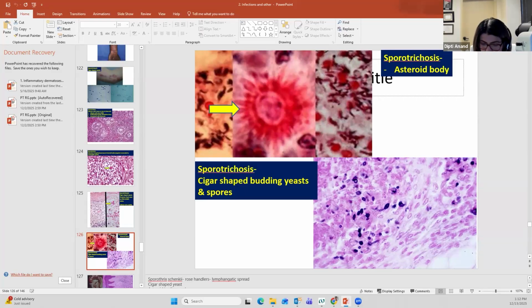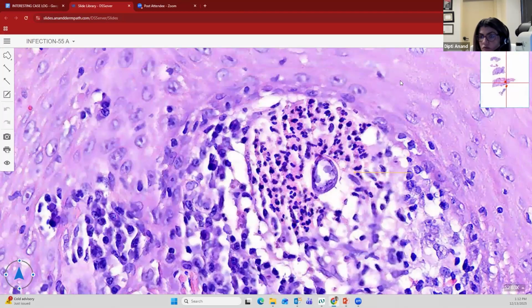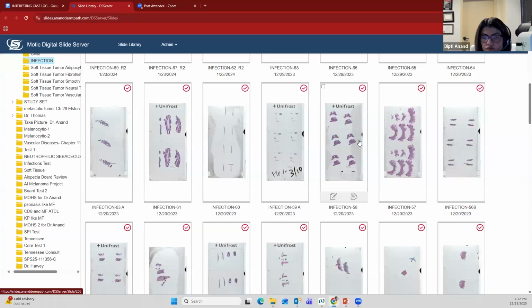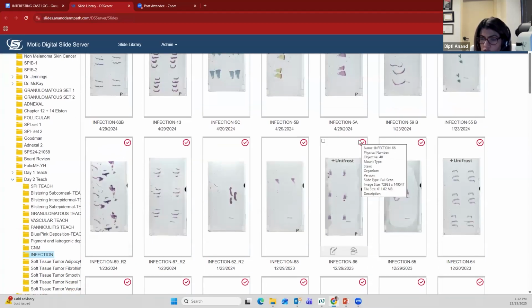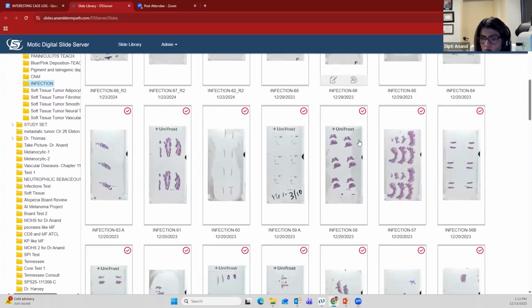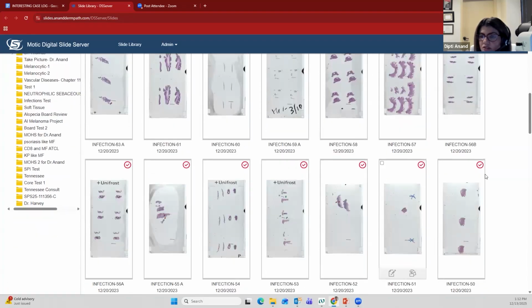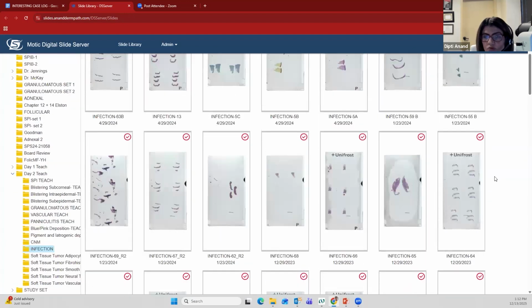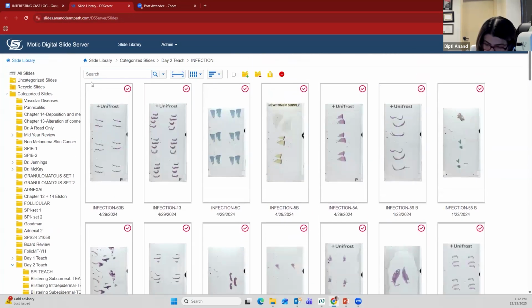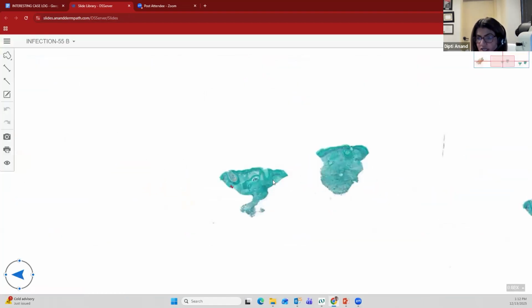So let me show you a slide of sporotrichosis. Yep, here. So this is your GMS stain.